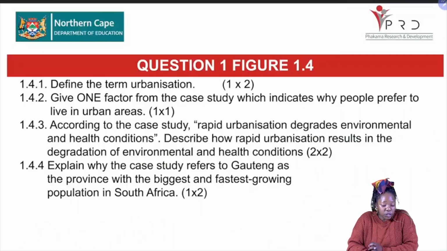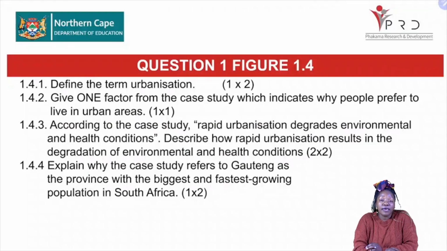Then the second question: you give one factor from the case study which indicates why people prefer to live in urban areas. So make notes on what we are going to check on the infographic: we need one factor that indicates why people prefer to live in urban areas.